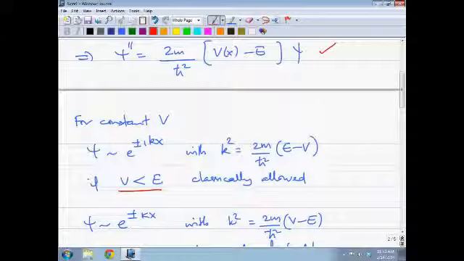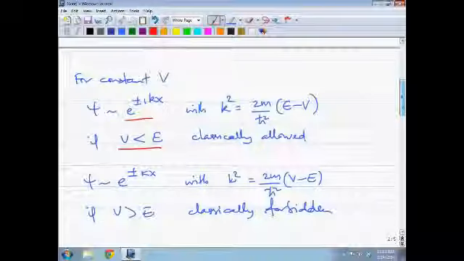If I define k squared as 2m over h bar squared times E minus V, which, if E is bigger than V, means the right-hand side is positive, so k is a real number, I get two oscillatory solutions which can also be combined into sines and cosines.